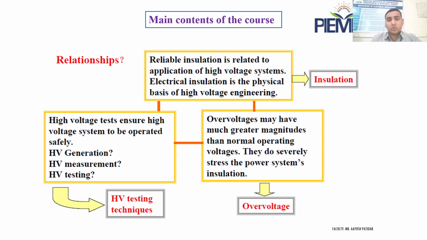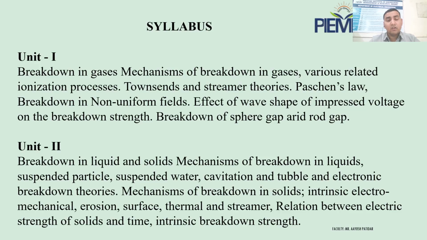Second, how insulations are tested, and how high voltage is generated and measured using devices, which is high voltage testing and techniques. These techniques are applied to over voltage systems, and power system insulation is also tested. So we require three theory parts: insulation, high voltage techniques, and over voltage, which will be discussed further.